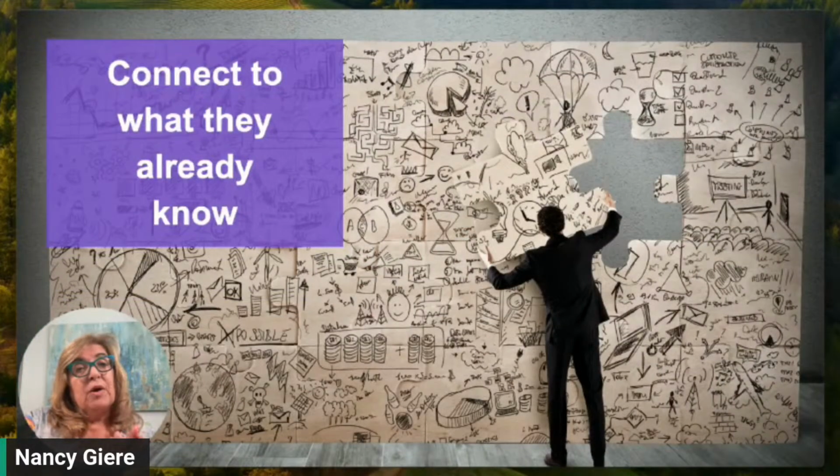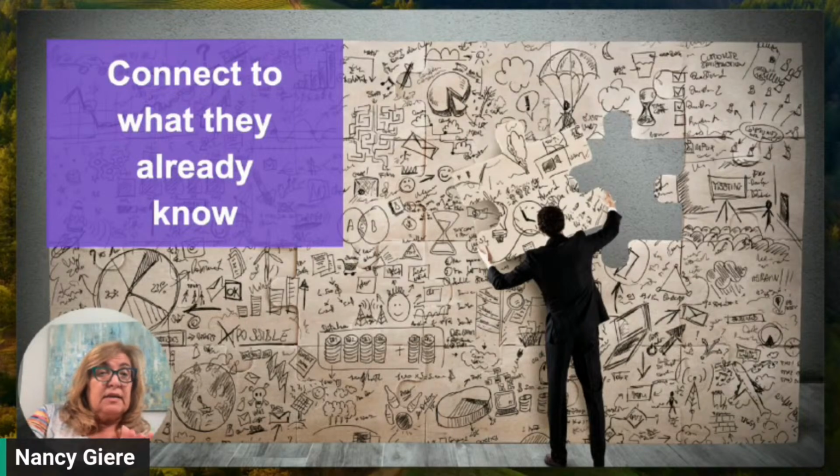Then you want to connect to what they already know. So if somebody has come to you and, like the example that I gave before, they've been doing bookkeeping maybe in a dental office, and now your firm happens to do work in construction. So what's the difference? How do you move them?